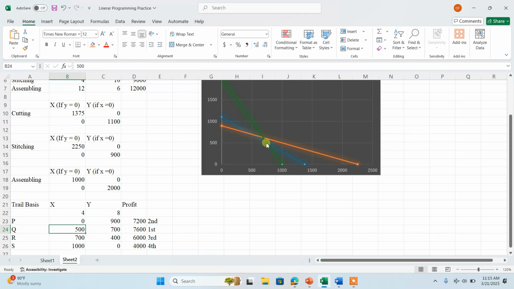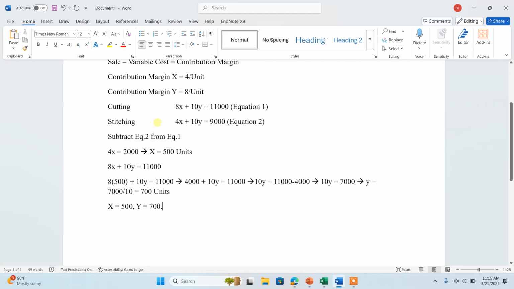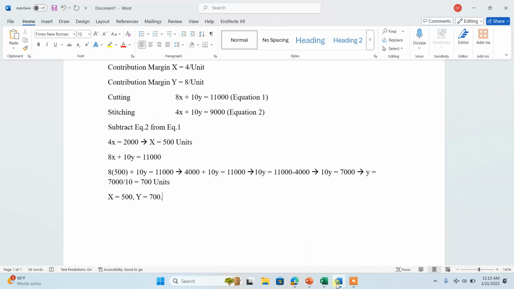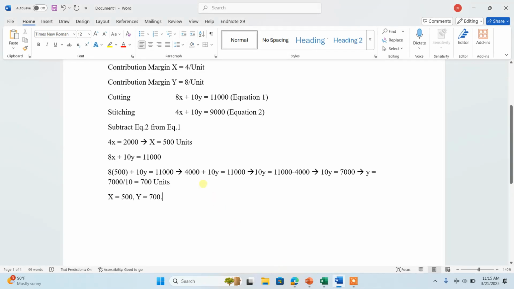You can see that here there is the green line and the blue line. The green line represents the stitching department and the blue line represents the cutting department. Yes, you can even replace.